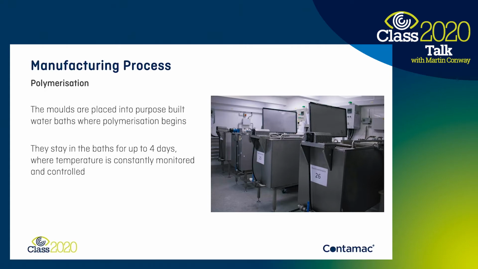So they will stay in these baths for up to 4 days while this polymerization takes place. So it's quite a lengthy process, and the temperature is controlled constantly, 24 hours a day. At the end of that process, polymerization is complete. That liquid monomer within the rod is now a solid. It's a solid rod, rather like a stick of rock.